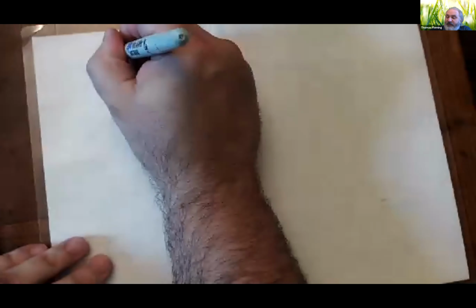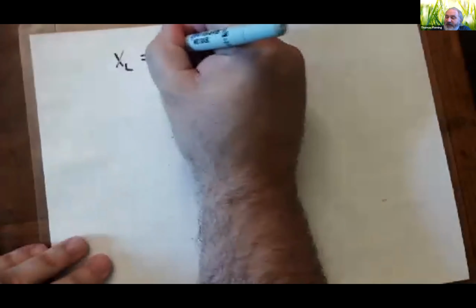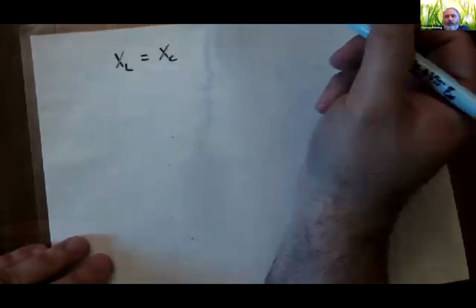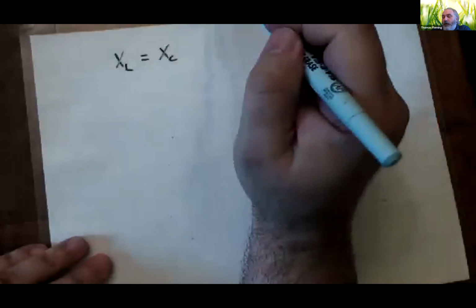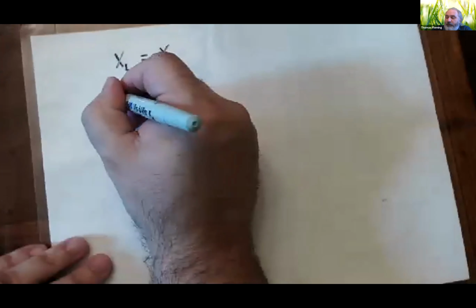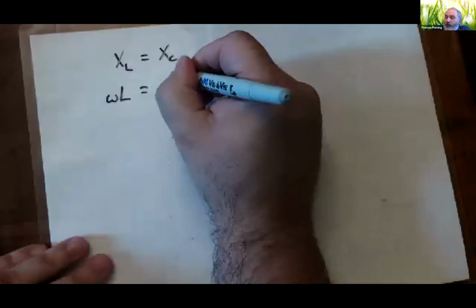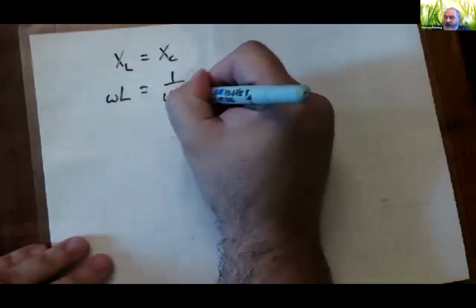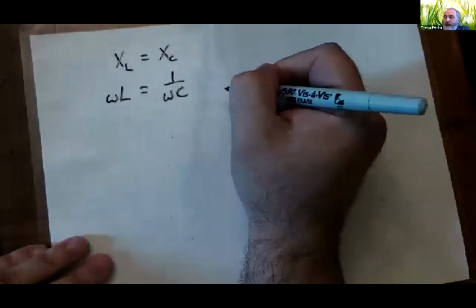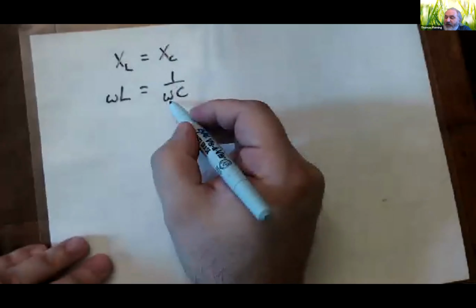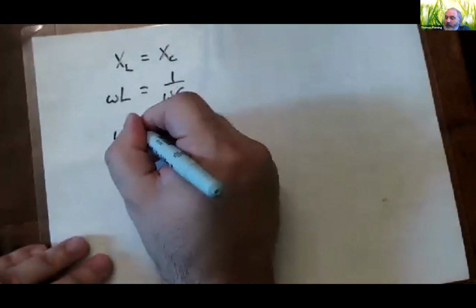Well, if I let XL be the same as XC, and I solve for the frequency at which that will occur, remember XL is omega times L, and XC is 1 over omega times C. Let's get all the omegas together. I'm going to multiply both sides by omega. I'll have omega squared on the left-hand side.